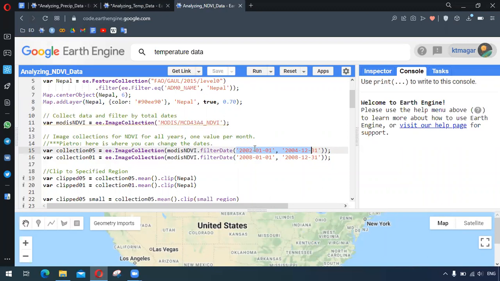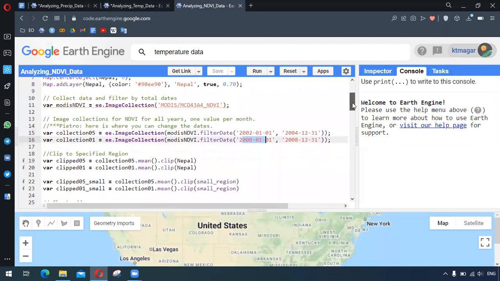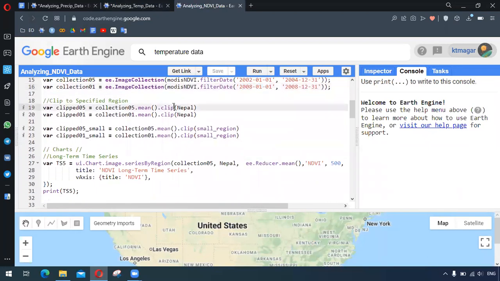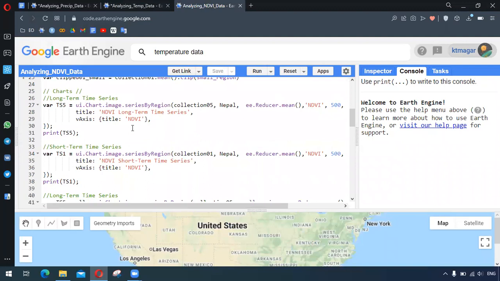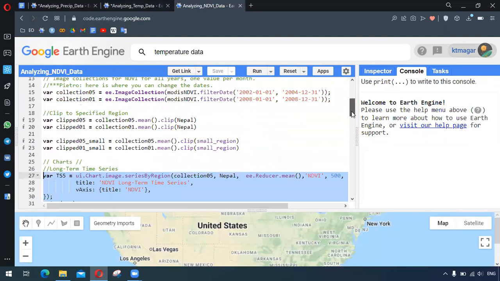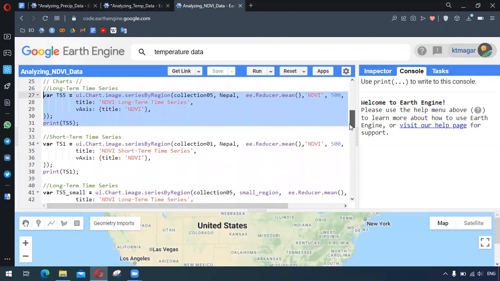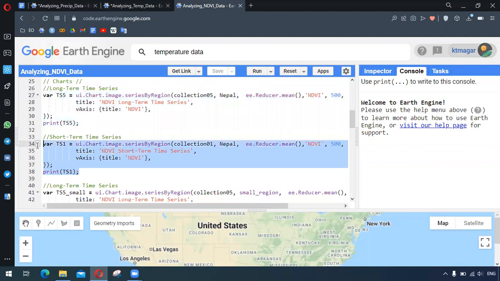for 2002 to 2004, and also for the single year. And we can get the NDVI for our country and also for our small region. So we can draw the chart by ui.chart.image.seriesByRegion. This one is for 2002 to 2004, and the next one for a single year.